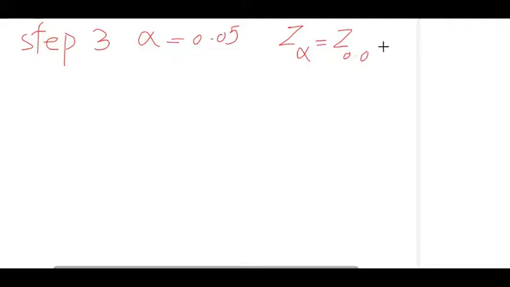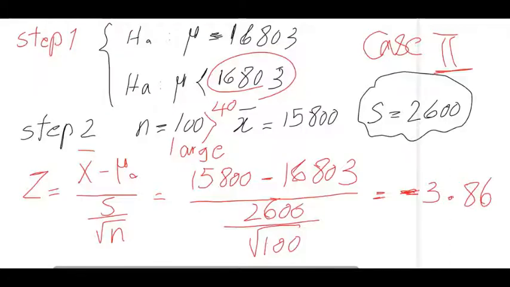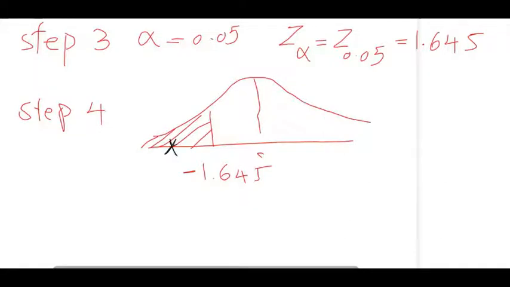Z 0.05 is 1.645. In step 4, rejection region, we have a left tail test, minus 1.645. Here is the rejection region and the test statistic is minus 3.8. So minus 3.8 is here.